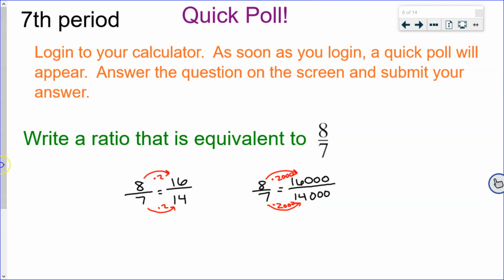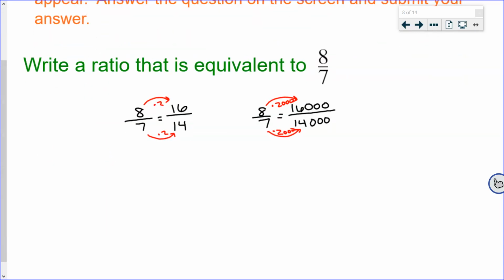Now, let's look at some incorrect answers. Knowing that I'm looking for equivalent ratios equivalent to 8:7, what is wrong with this? Have you found the mistake? What's the mistake, Gavin D?